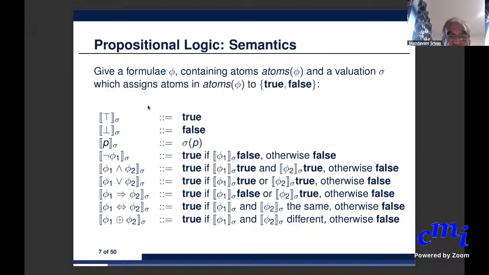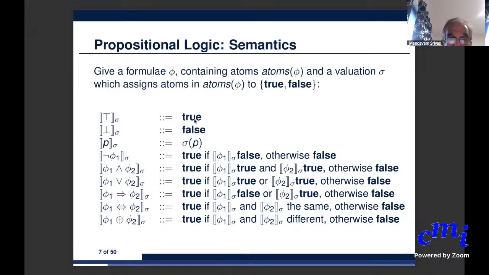Given a formula, semantics assigns it a truth value, whether it is an atomic formula or something non-atomic constructed by applying these logical connectives to smaller formulas. The rules of semantics are defined recursively.